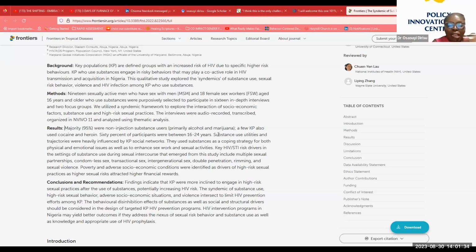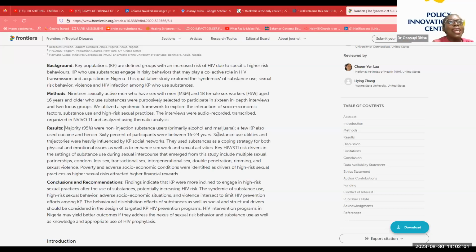I combine physical and emotional because there's no space to talk about them separately, okay? And then I brought all the risk drivers into one sentence. So you should be able, in writing your results, to think about a way of bringing that concise focus of all the different things you're looking at into one, and then finally I ended by talking about poverty and socioeconomic conditions as the drivers of higher risk practices, as the case may be.